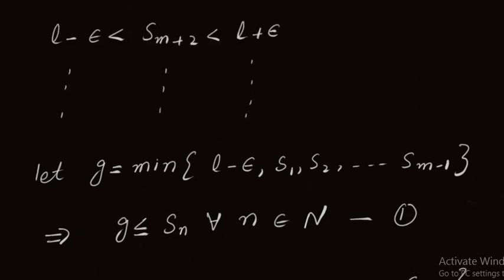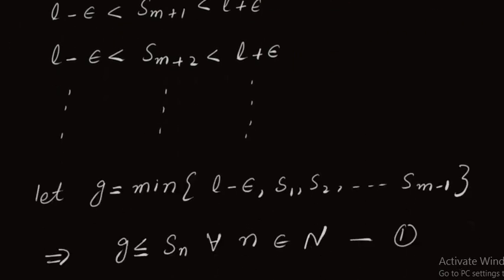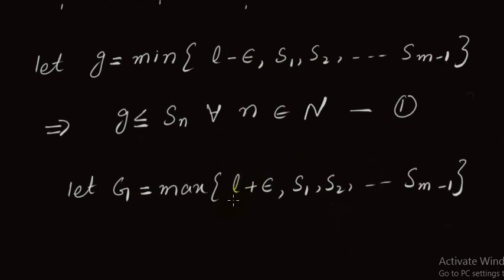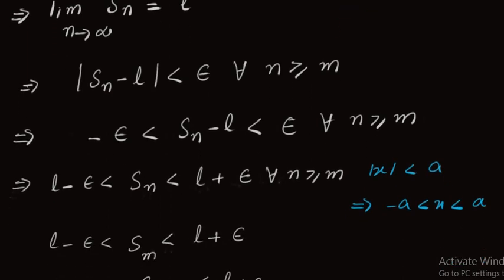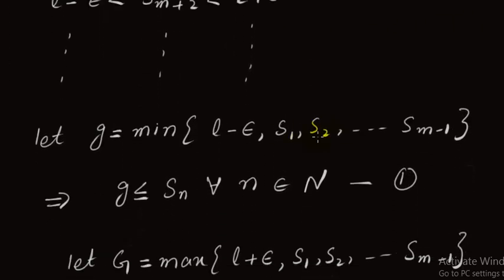And the logic is the same as we concluded for g equal to the minimum of L minus epsilon, S1, S2, and so on up to Sm minus 1. Because if G is equal to the maximum of L plus epsilon, all the terms of this sequence are less than L plus epsilon, and the rest of the terms are S1, S2, and so on up to Sm minus 1.